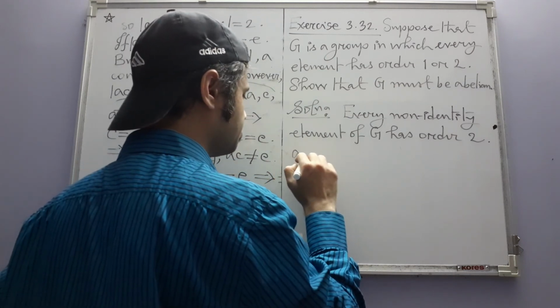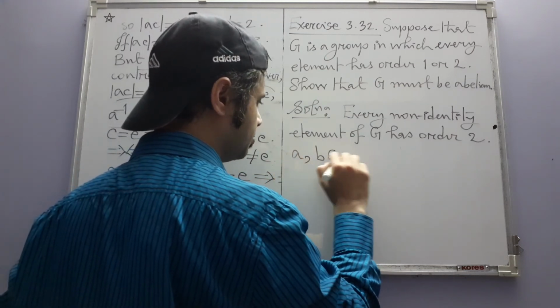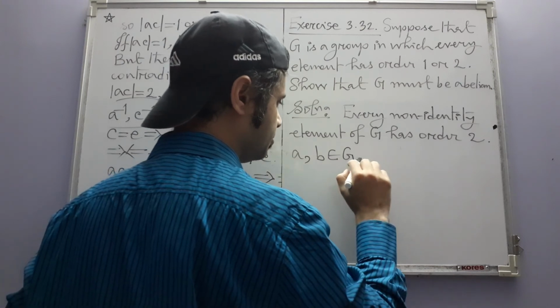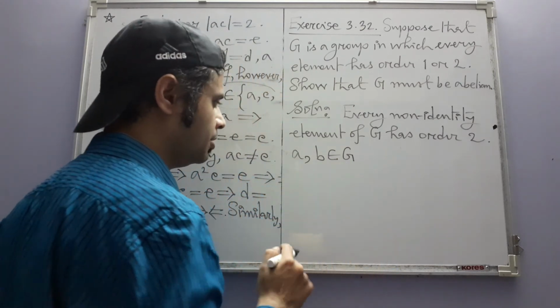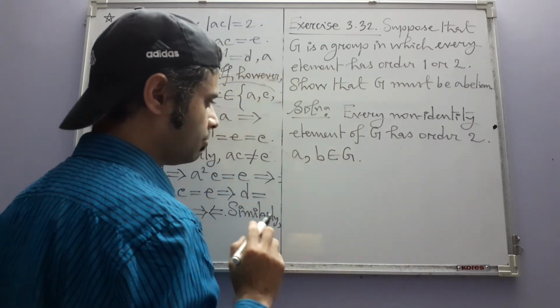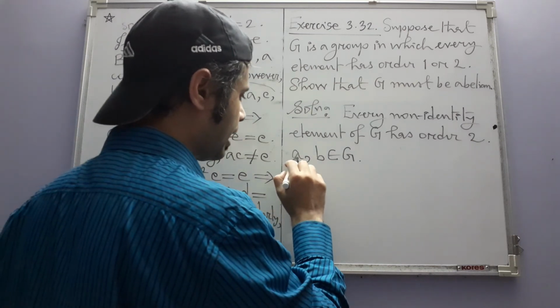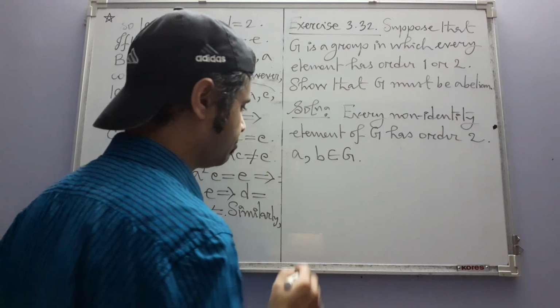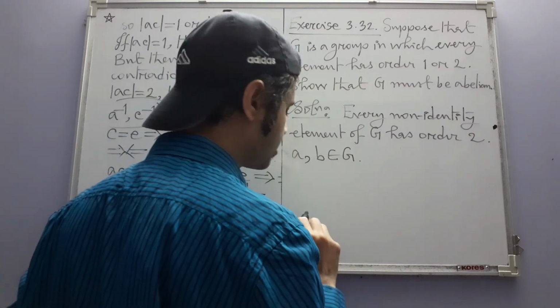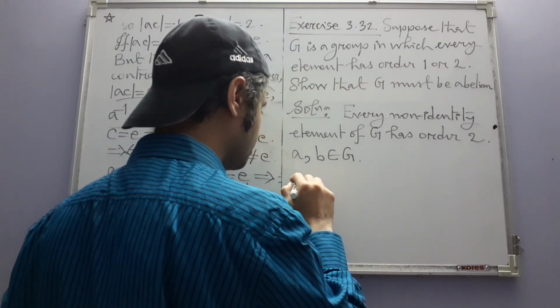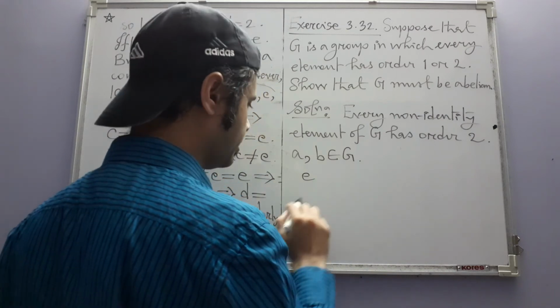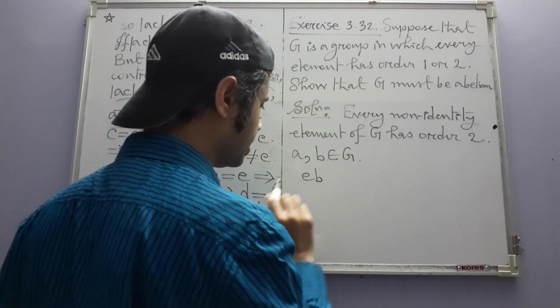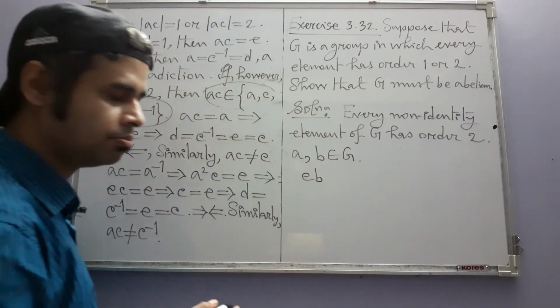Now you want to prove that if A and B are any elements in G, then AB is equal to BA. Now in doing that, if at least one of A or B is identity itself, then the job is extra easy. Why? Because for example, if A is identity, then you want to prove that EB is equal to BE.